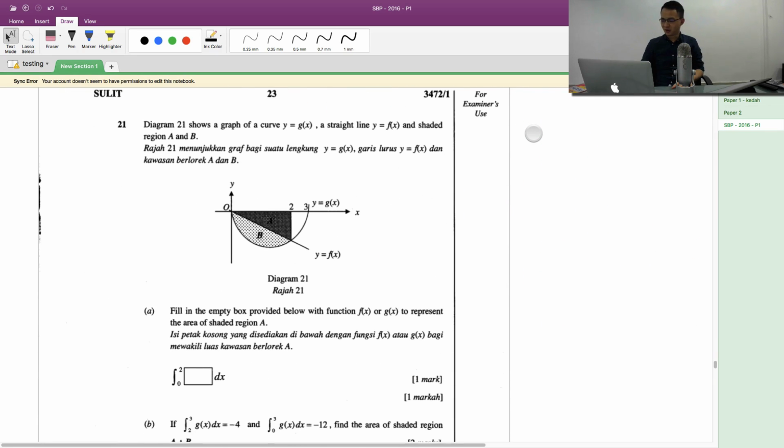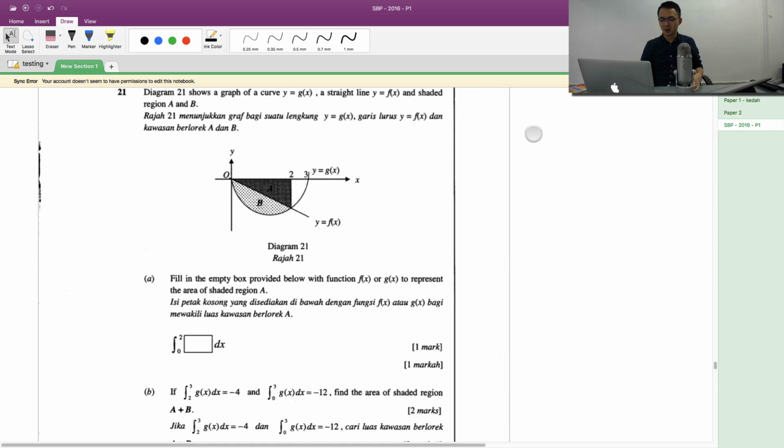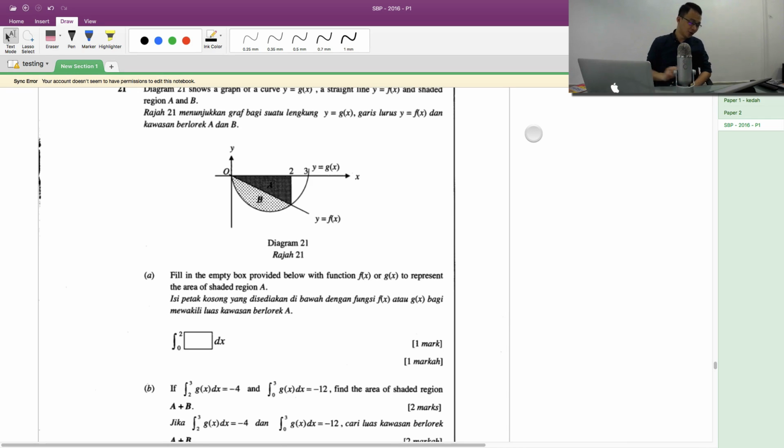So let's move on to 21. Diagram 21 shows a graph of the curve f(x) and the shaded regions A and B. Fill the empty box provided below with the functions f(x) and g(x) to represent the area of shaded region A. In order to find the shaded region A here, basically you just need to integrate the straight line from 0 to 2.